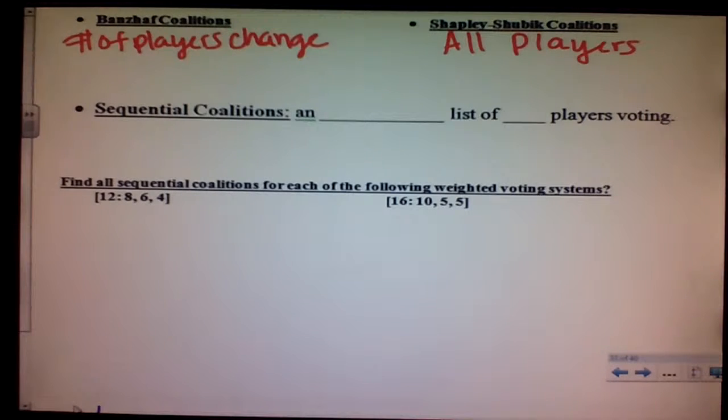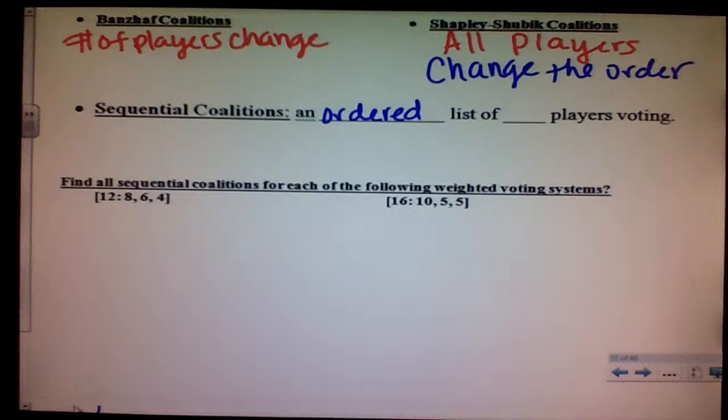The difference is we are now going to use the players and change the order of them. So, your formal definition: a sequential coalition is an ordered list of all players.